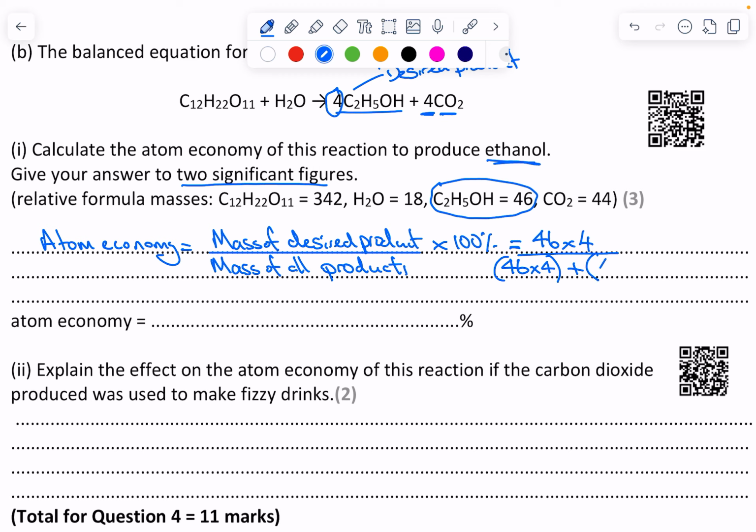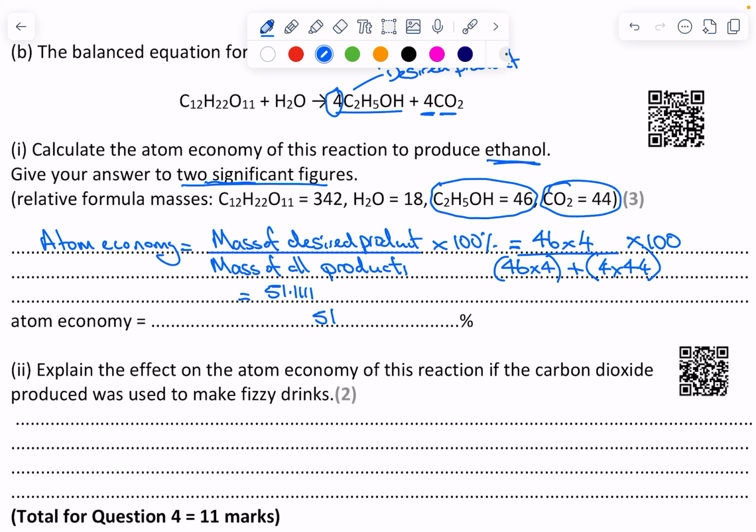So I'm going to add to that 4 lots of 44, and then we times the whole thing by 100. If you do it on your calculator, you get an answer of 51.11111. Be careful because 2 significant figures means the final answer is going just to be 51.